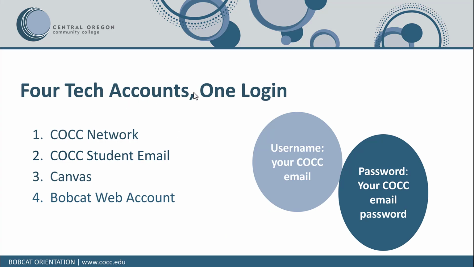So for technical accounts, one login, like I said, with the single sign-on authority. Your username is your email. Your password, you want a complex password. And the reason why I say that, folks, is because when we talk about logging into your Bobcat web account, you're going to be provided, especially if you're on financial aid, some financial information, and you don't want anyone getting your financial information, or information if you're having financial aid transferred to your bank account.